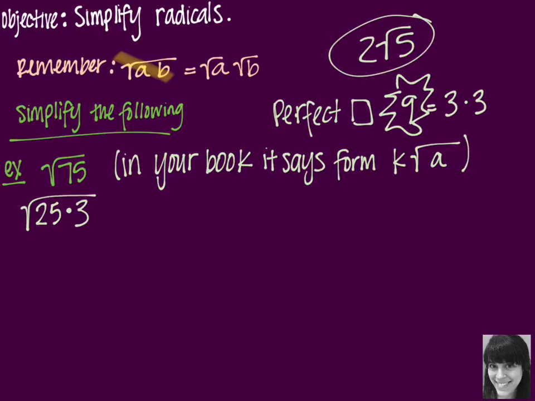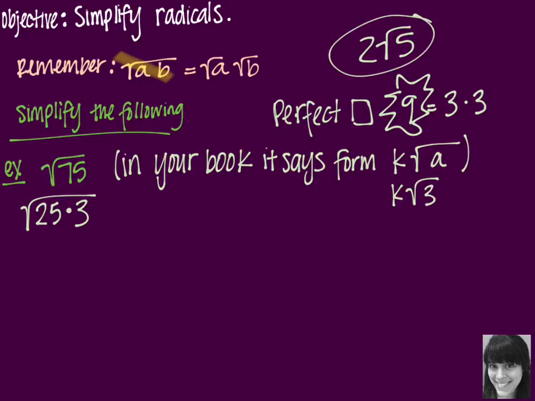Okay? Now, in your book, it's going to say rewrite such and such in the form k square root of 3, and it wants you to find k. But I say ignore that completely and look for perfect squares, right? Because when you're given square root of 75, the problems aren't going to say, hey, by the way, you should divide this by 3 in order to find the perfect square, right?